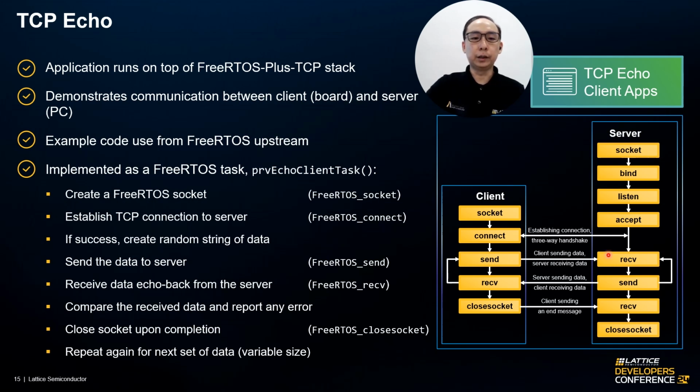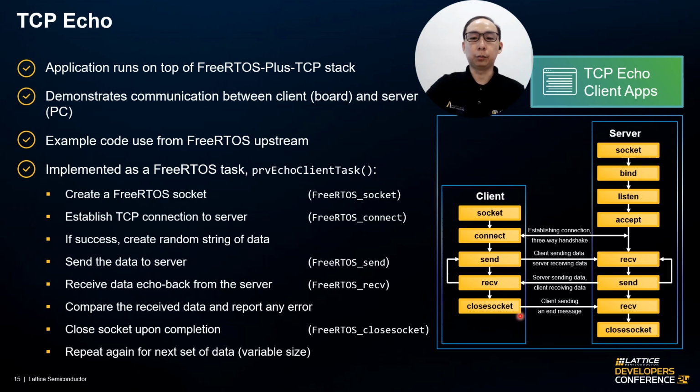Next, the server, upon receiving the data from the client, shall echo the data back to the client, and the client is designed to pend to receive the data. Upon receiving the data, the task will compare it with the data that was sent previously, and if any mismatch or error is encountered, it shall report that.